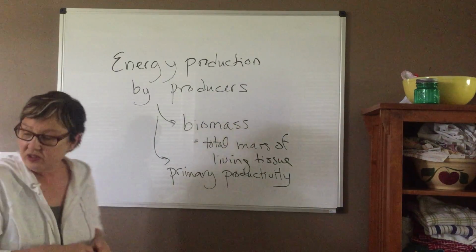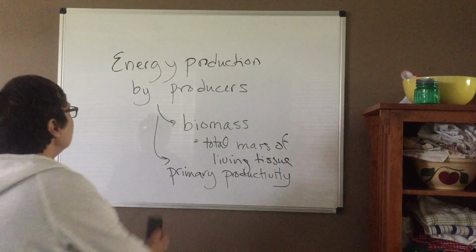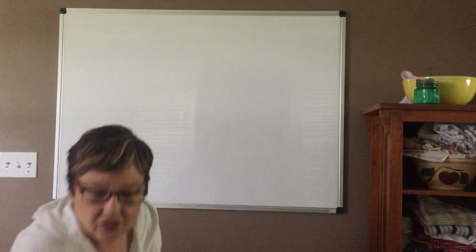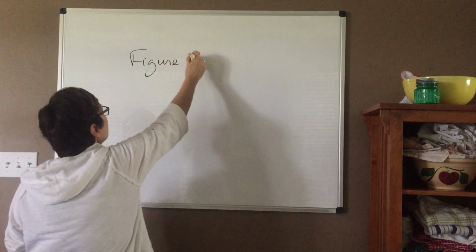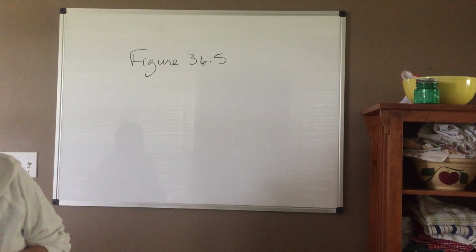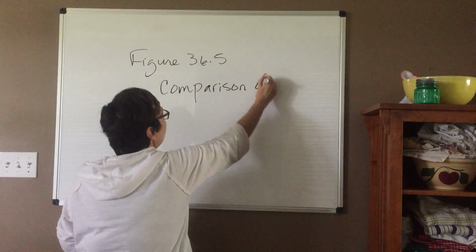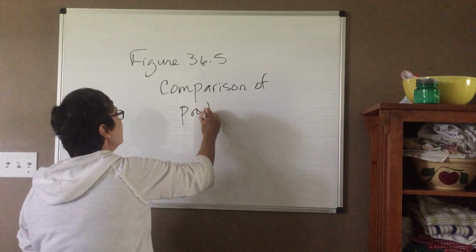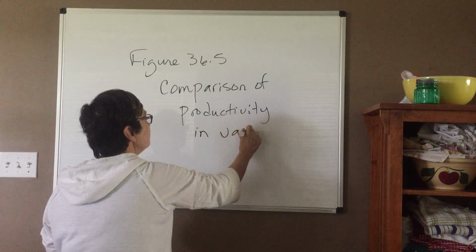So for example, if you were to look at figure 36.5 in your textbook, this is a figure that gives you a comparison of productivity in various ecosystems.